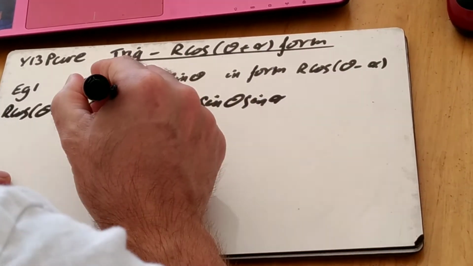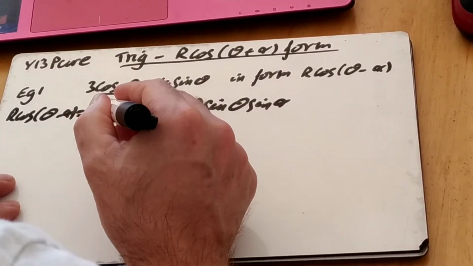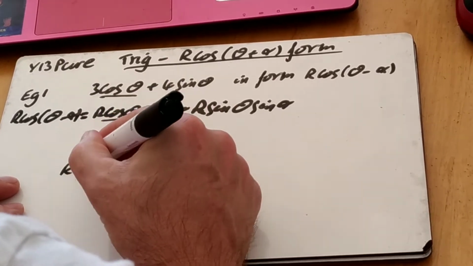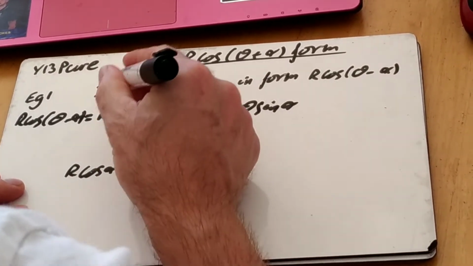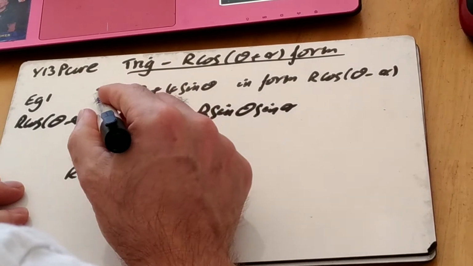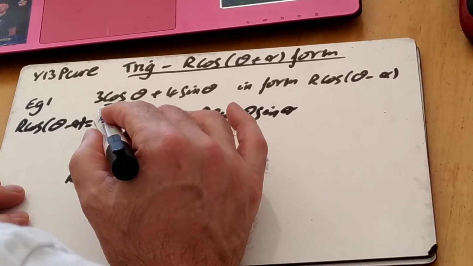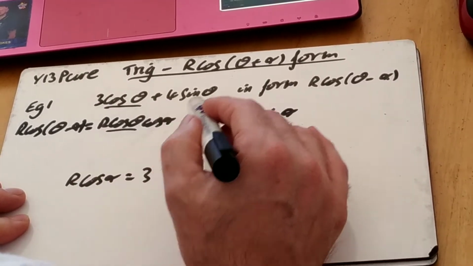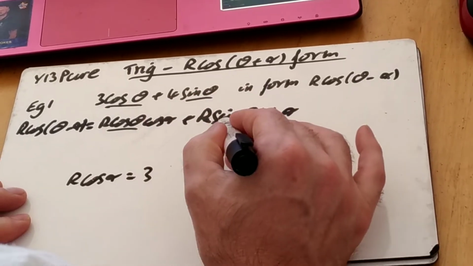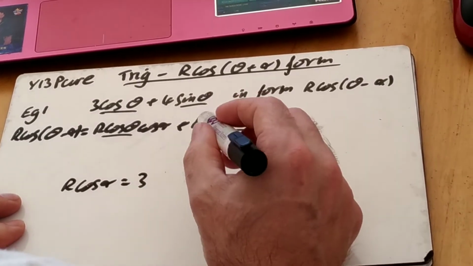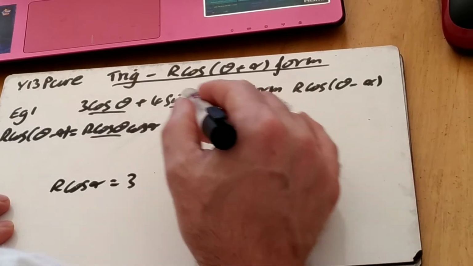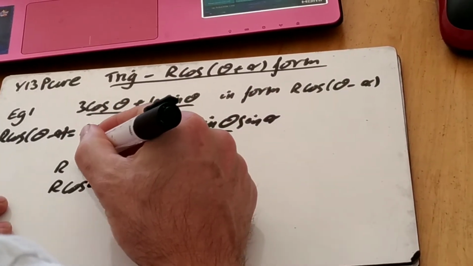And the idea is that the bits with the cos theta should match up. So it's telling me that R cos alpha must equal 3. The 3 that's there, 3 times cos theta, well, I've got R cos alpha times cos theta there. And similarly for the other term, the sine theta matches up as well, so R sine alpha must equal 4. So I'm going to write R sine alpha there.